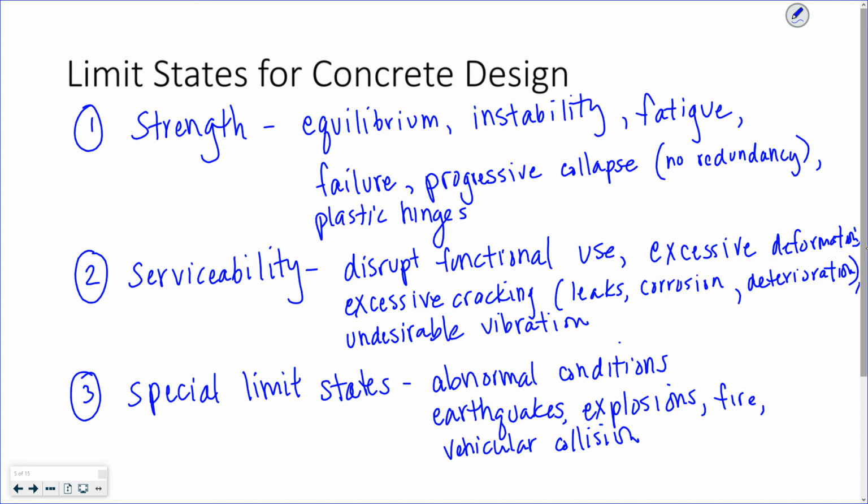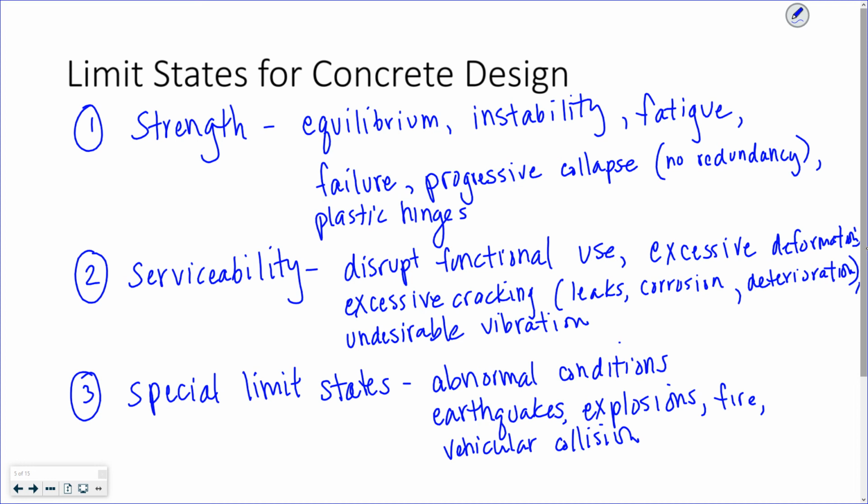We don't normally design unless, I mean, depending on the use of the building, this is where ASCE 7 comes in, and if it would result in a lot of loss of life, or if it's a building that's really important, like a hospital, we might want to design for some of these extreme conditions.